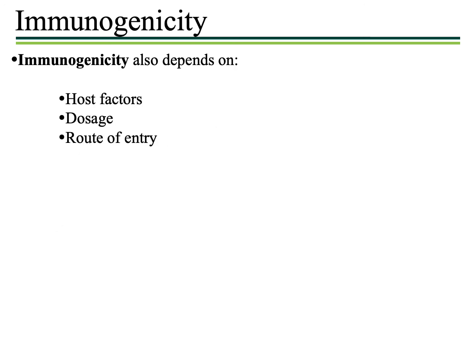Immunogenicity can also depend on a number of additional factors. Host factors are very important in eliciting an immune response. And when we talk about host factors, we mean things like the age of the individual. Typically, the very young and the very old do not have as strong of an immune response because the very young have not had a chance for that immune response to develop.